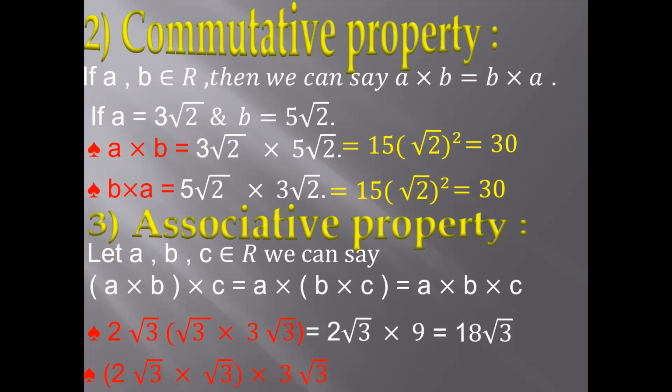Here 2, 3 times root 3, root 3 times root 3 equals 3. 3 times 2 equals 6. It will be 6 times 3 root 3 equals 18 root 3.